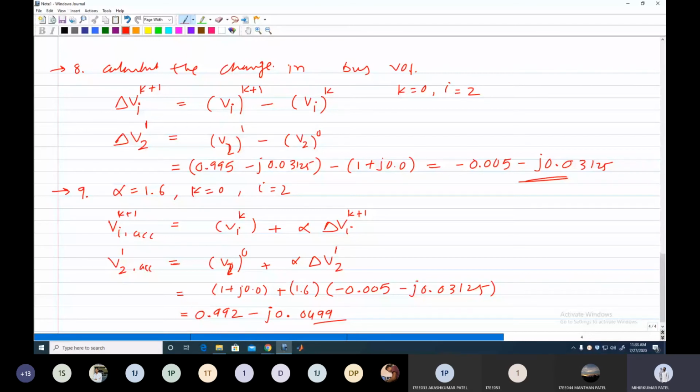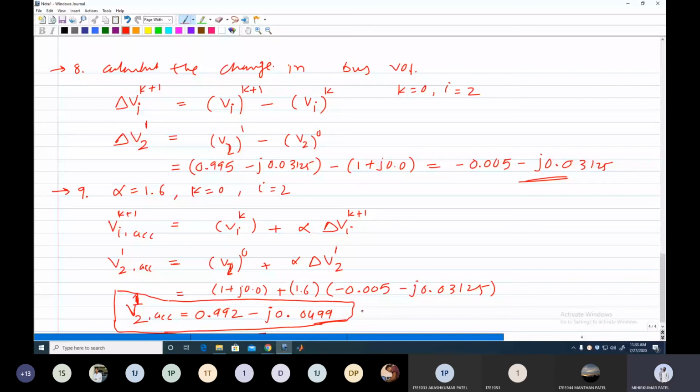Voltage at bus number 2 after first iteration, the accelerated value, is 0.992 minus j0.0499. So this is your final value for voltage at bus number 2.